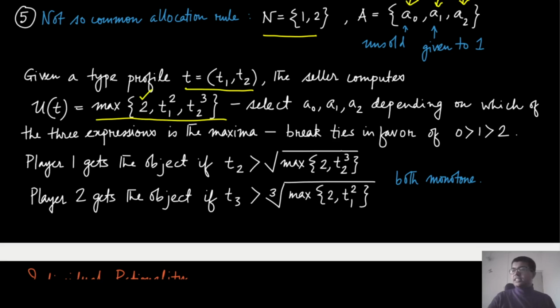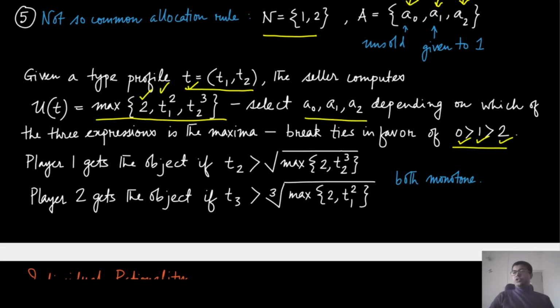Now it selects one of these three allocations, depending on which of these values is the maximum. So whether 2 is the maximum among this max, or T1 square is the maximum, or T2 cube is the maximum. Of course, the ties can be broken in some arbitrary way. In this case, we are assuming that the tie is broken in this favor.